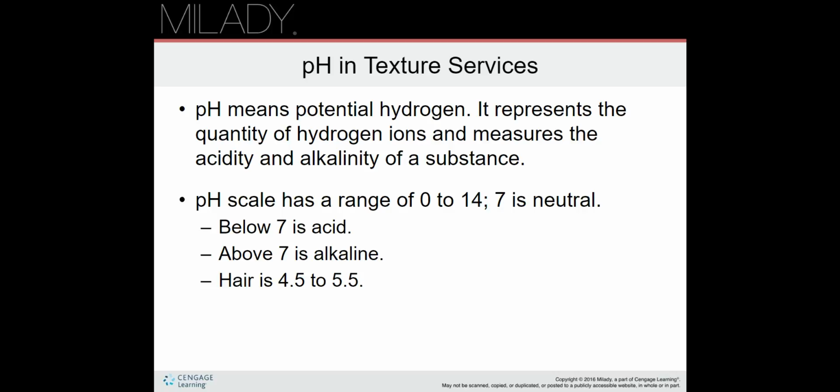And the pH of the hair is 4.5 to 5.5. I can pretty much guarantee that's going to be a test question, not only here with me, but in State Board on your written exam. So make an extra note that hair is 4.5 to 5.5 on the pH scale.